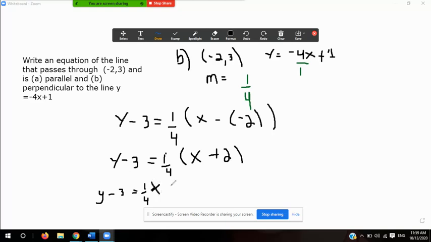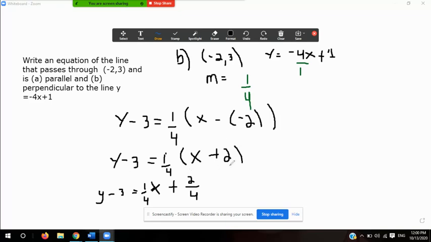So plus 2/4. So I'm almost done with my problem. I just need to solve for y. Again, all I did was turn the x minus -2 into x plus 2, and then you multiply 1/4 times x, which is 1/4 x, and 1/4 times 2, which is 2/4.